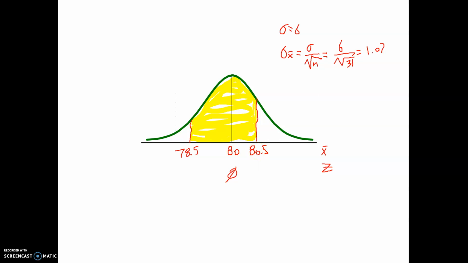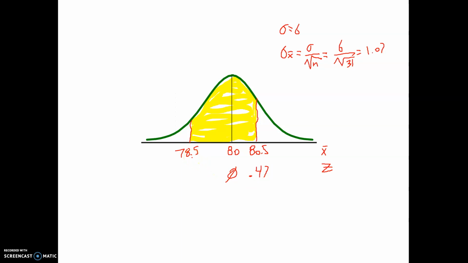So we just take the 80.5 and we subtract 80, which is 0.5, and we divide that by our standard error, which is 1.07. And if you do that, you should get 0.47. So this value here is 0.47 standard errors above the mean.